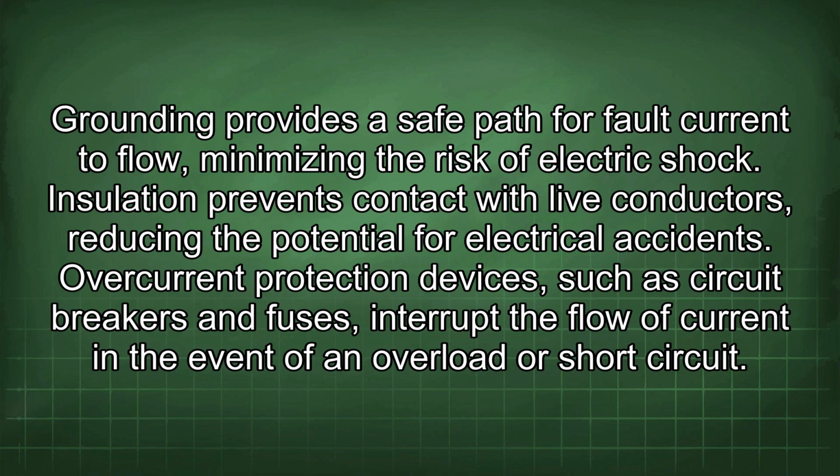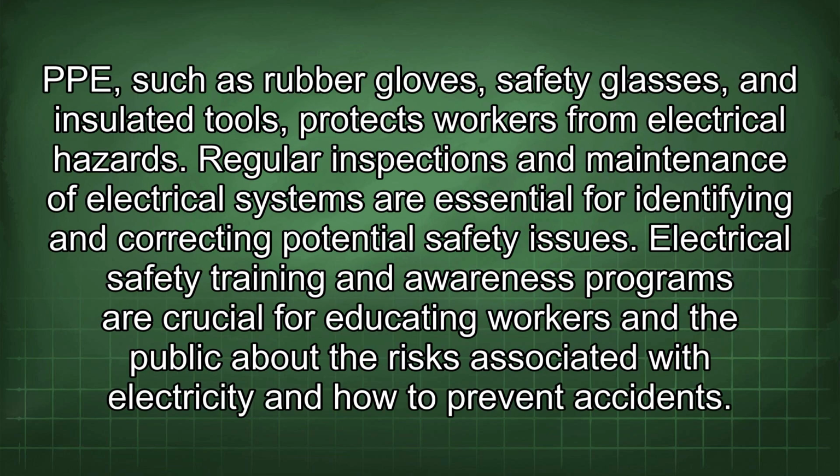Overcurrent protection devices, such as circuit breakers and fuses, interrupt the flow of current in the event of an overload or short circuit. PPE, such as rubber gloves, safety glasses, and insulated tools, protects workers from electrical hazards. Regular inspections and maintenance of electrical systems are essential for identifying and correcting potential safety issues.